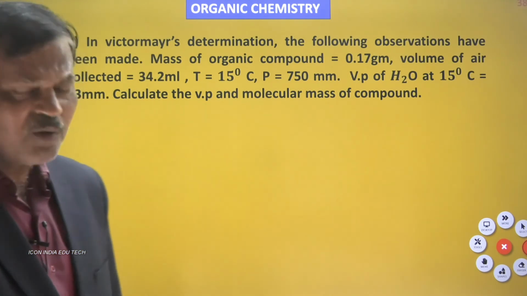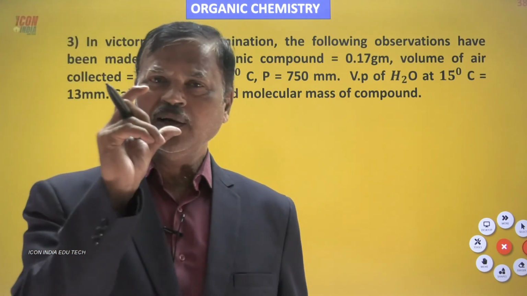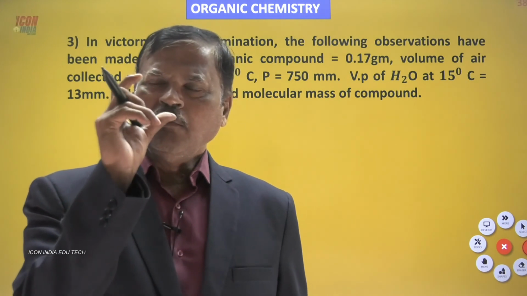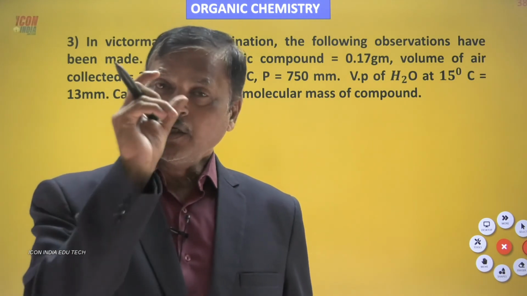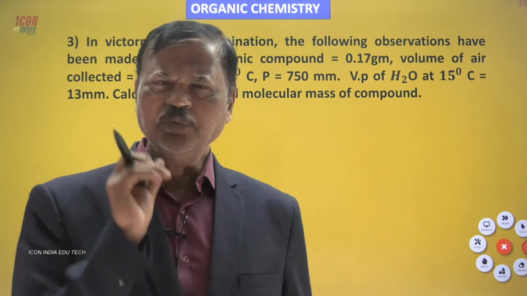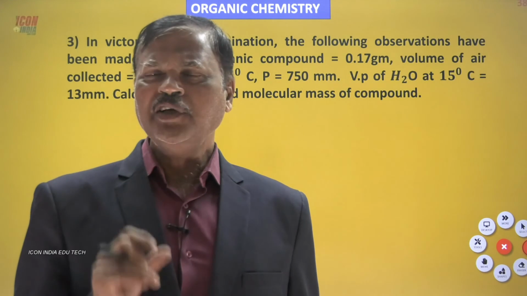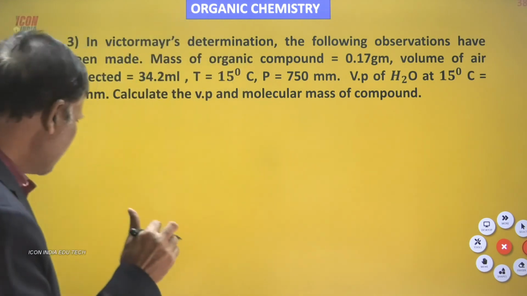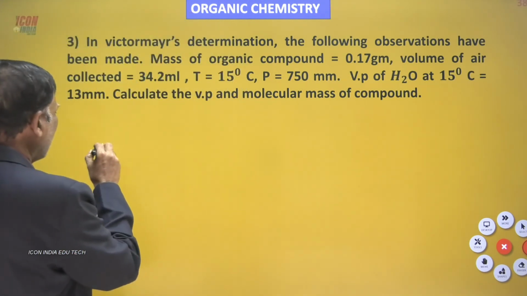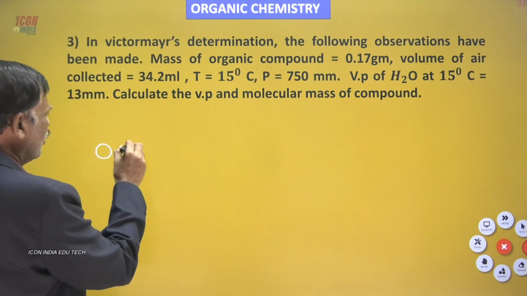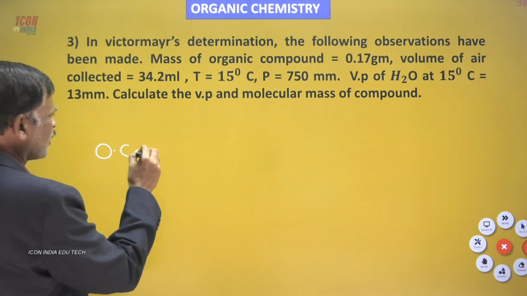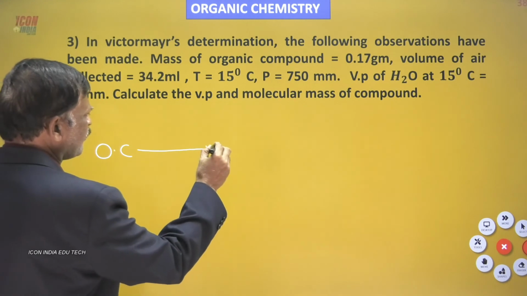See here, one more method is there to determine molar mass of organic compound. That is a very simple method. It is Victor-Meyer's method. In Victor-Meyer's method, a known mass of organic compound is vaporized.